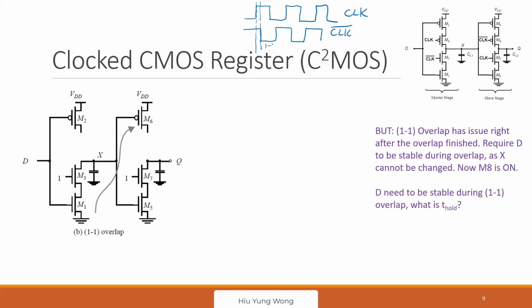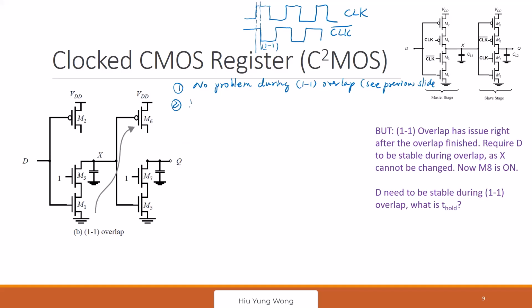Okay, this is 1-1 overlap. Now we say that no problem during 1-1 overlap, right? We already showed that. See previous slide.